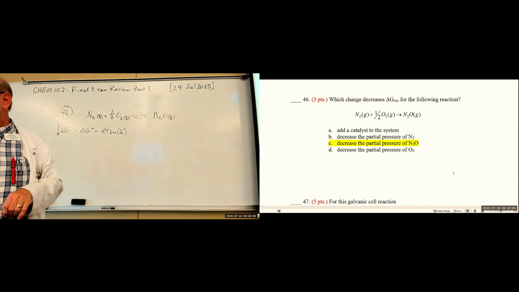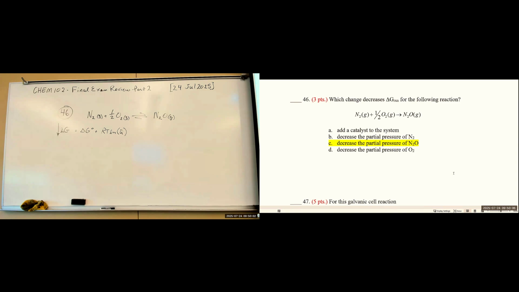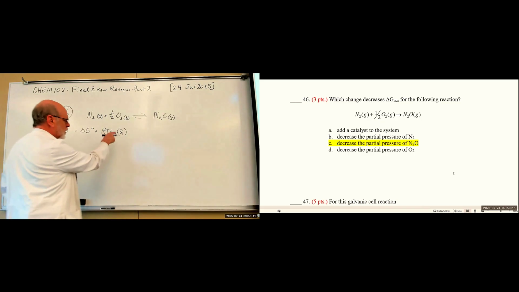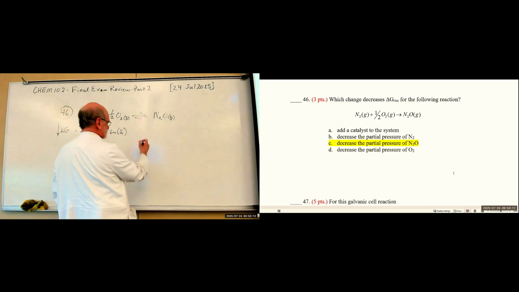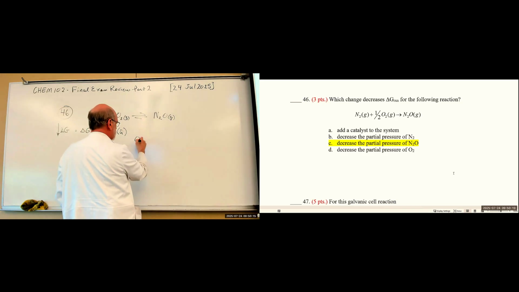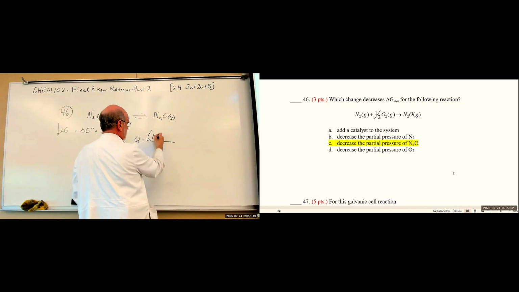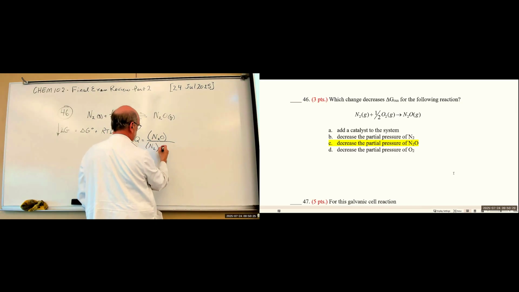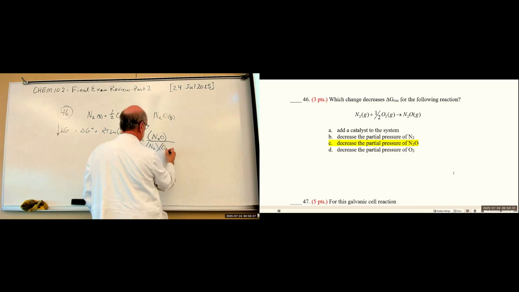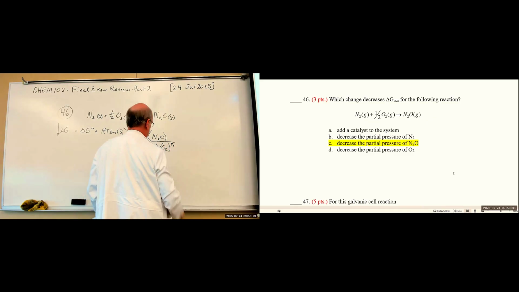Well, if we compare, let's write the expression. What would Q look like? Right? Q would simply be the concentration at whatever time of that one, and then N2 to the first power, and then O2 to the 1/2 power.